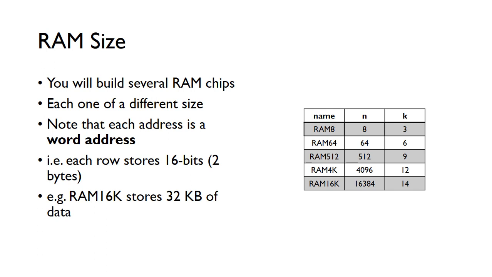So each address corresponds to 16 bits. For the 16K RAM, we've got this many slots, but each slot stores 2 bytes. So the 16K RAM actually stores 32K of data.